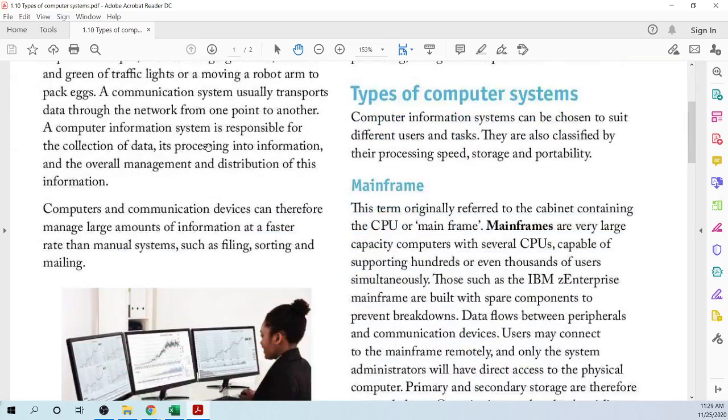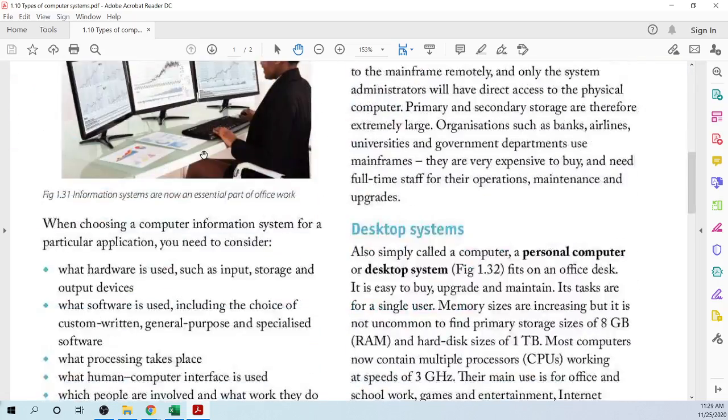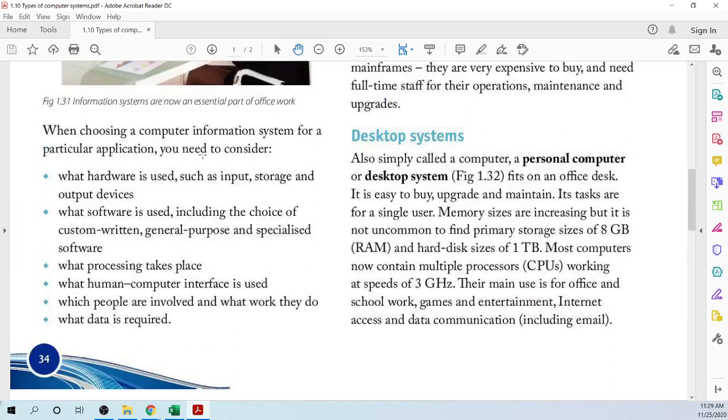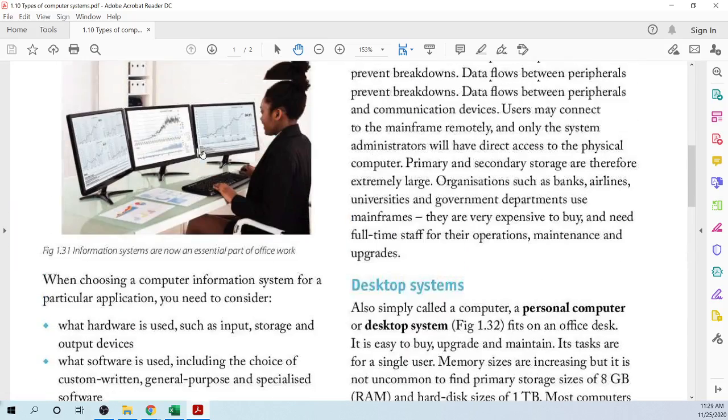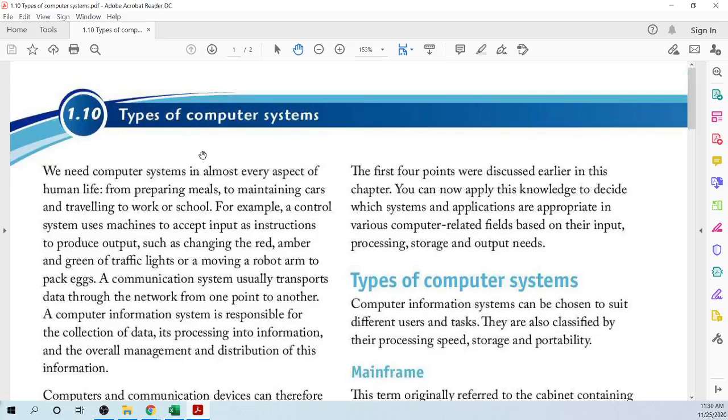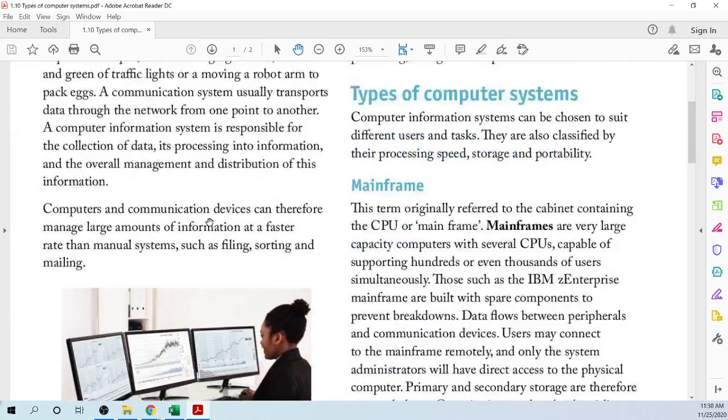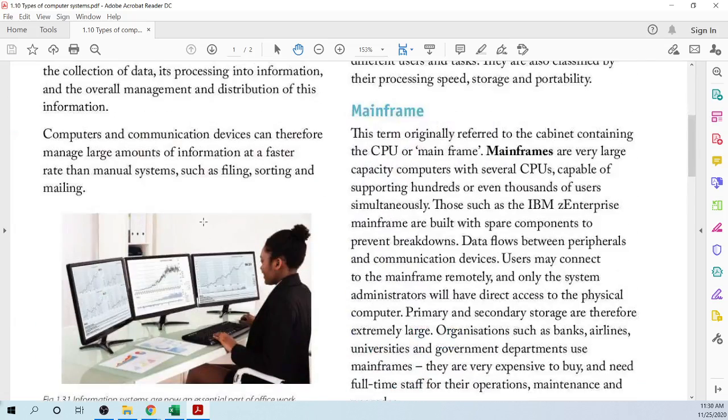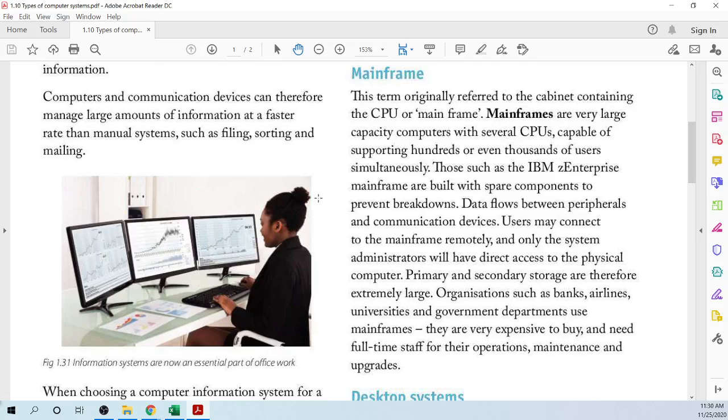And we looked at four types of computers that are used based on different situations. So the mainframe computers are large computers. They have large components, RAM, memory, storage, and so on to support thousands of users.